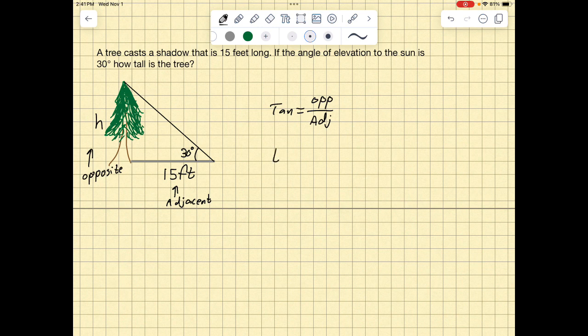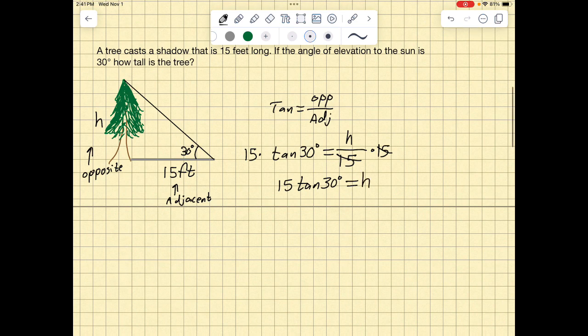So the tangent of 30 degrees must be equal to h, the opposite, over 15, the adjacent. Multiply both sides by 15. So 15 tangent 30 degrees is equal to the height.